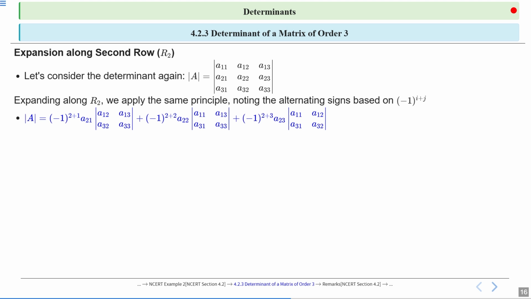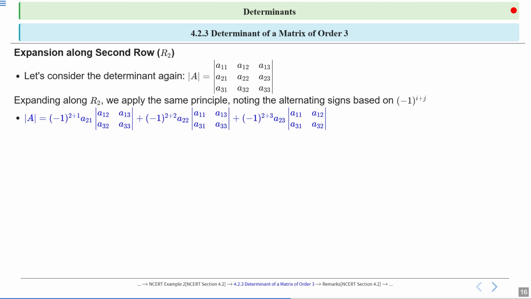For the second element A22, just see the whole matrix. We multiply with minus 1 to the power i plus j, where i is 2 and j is 2. So minus 1 to the power 2 plus 2 into A22, and the determinant of the 2 cross 2 matrix obtained by cancelling the second row, that is A21, A22, A23, and the second column, that is A12, A22, A32. So we are left with A11, A13, A31 and A33.